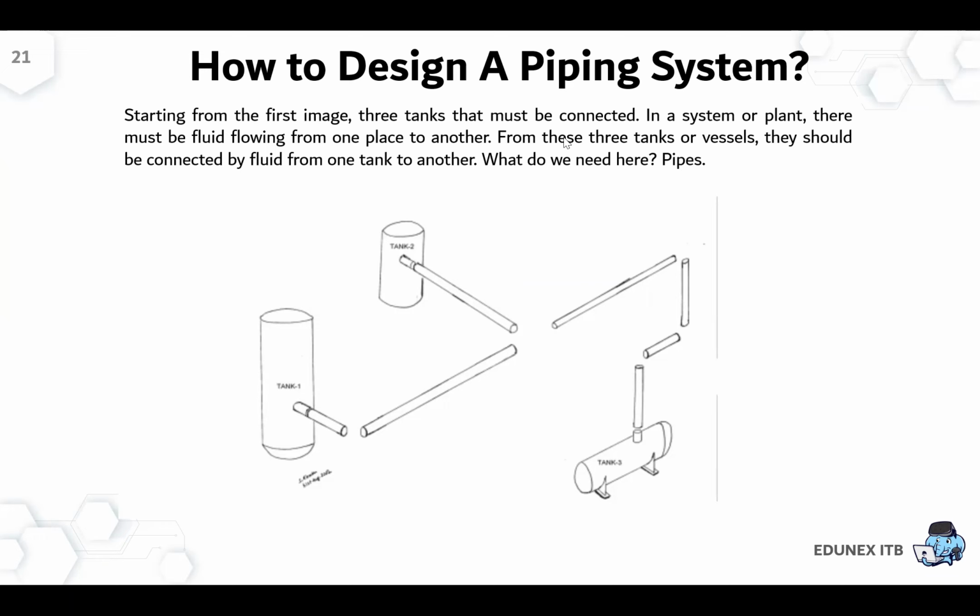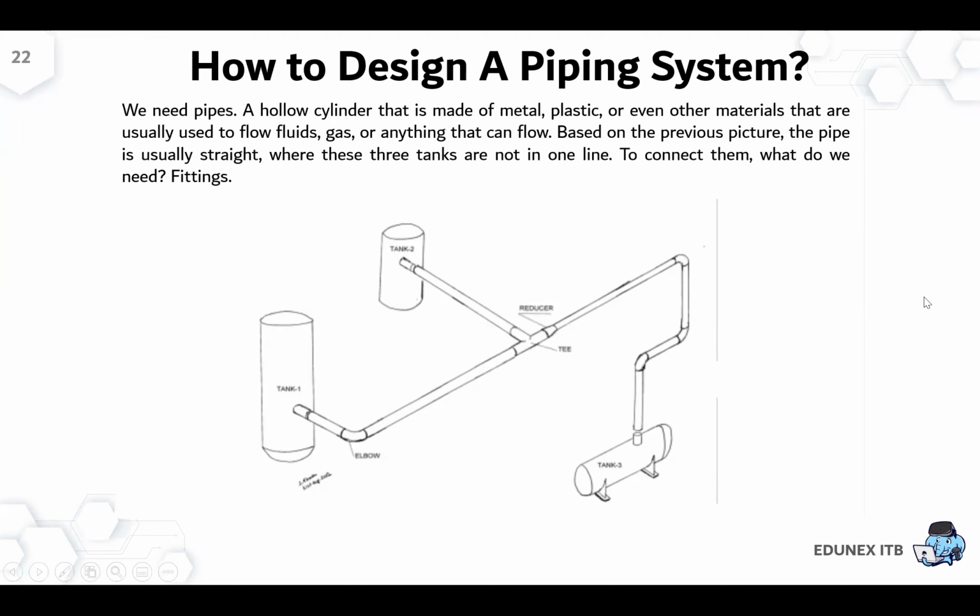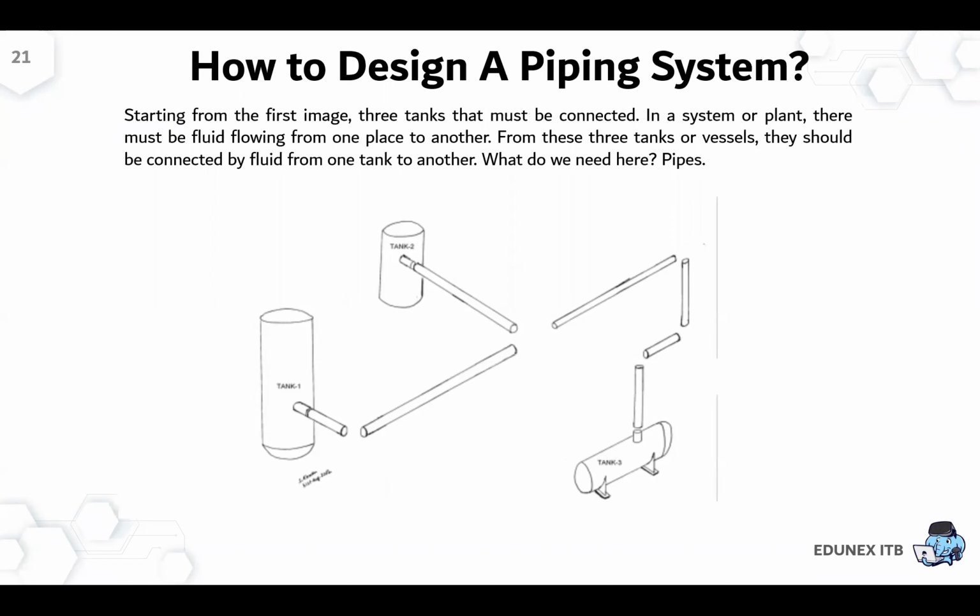I'm still not sure. Do you just make a hole in the tank and then weld? I think if you make a hole, there'd still be fluid coming out. Maybe there's something in the middle to connect the pipe with the tank. I don't know how you call it.